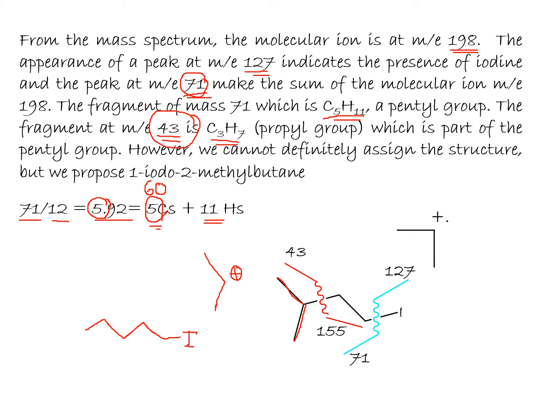To take the propyl from here, this will form a primary carbocation. Of course, you're expecting this to have rearranged in the gas phase. That's why we say most likely we propose it to be 1-iodo-2-methyl-butane.